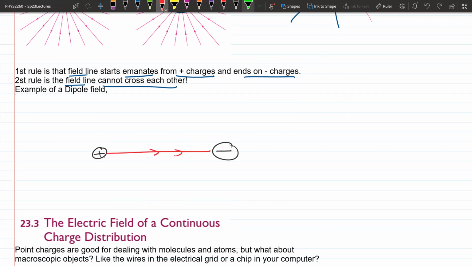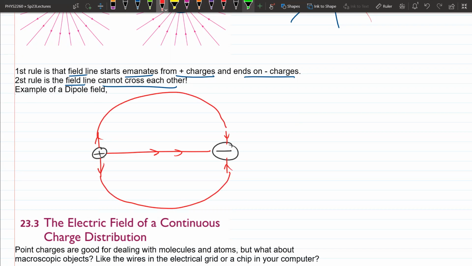So that's a valid electric field line. But what if the field line also emanates outward from the top here? We know that field line has to end up on the negative charge, so all I'm going to do is connect them through a nice smooth curve. That's all you need to do.